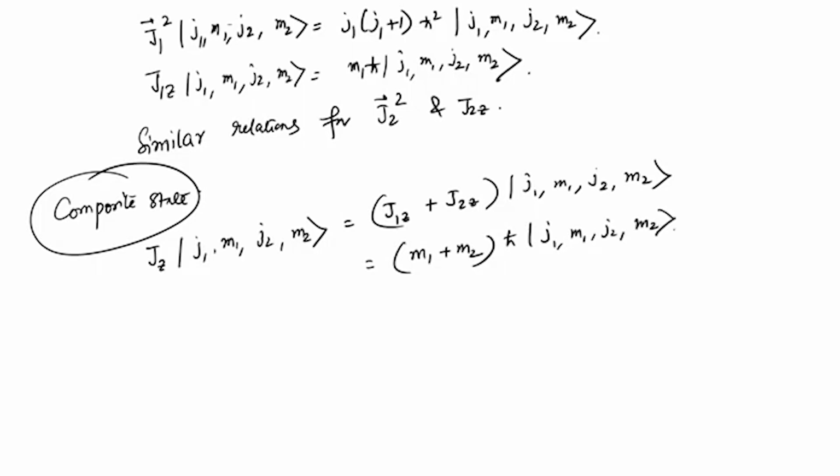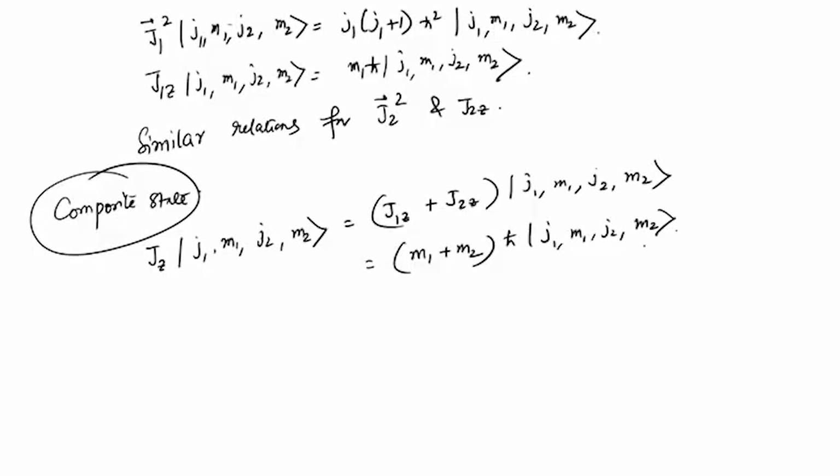What I am trying to convince you is that this composite state that we have formed is a good description of the problem, a good basis, or it can be called an eigenbasis, for the problem you have in hand, that is to work with the total angular momenta comprising these two particles. So, this is a sort of basis that makes sense to us.